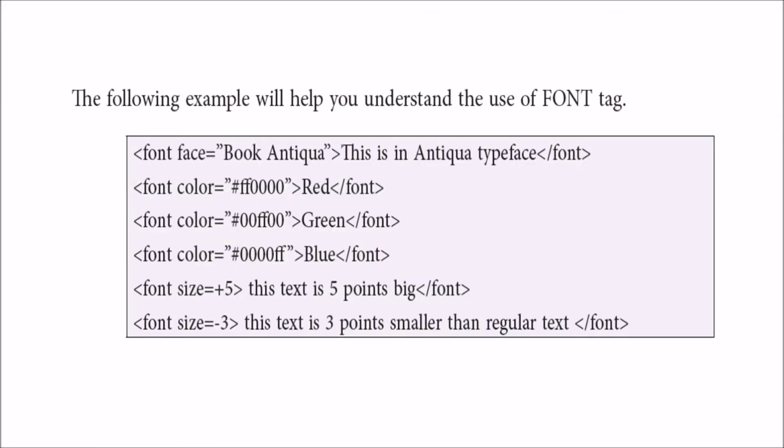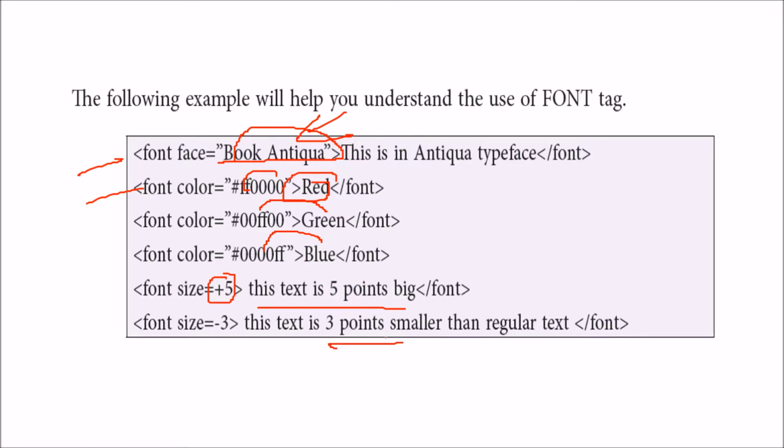So here is a simple example. Font face, this is Book Antiqua, and this is case insensitive. You can write it any way. Then this is the font color. Red will come in red color, green in green, and blue in blue color. Then this content, because it is given inside font size +5, the regular text will increase by 5 points.